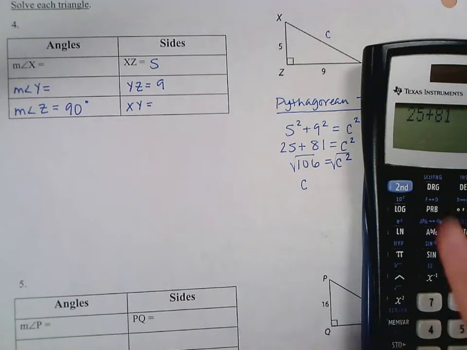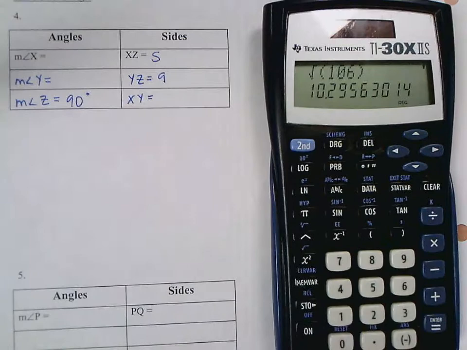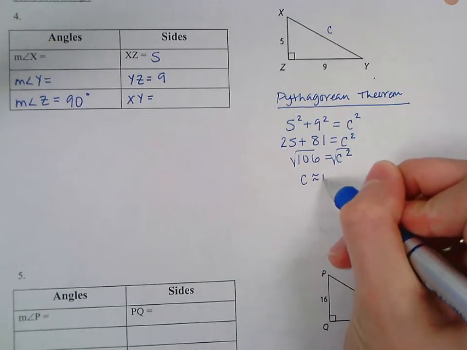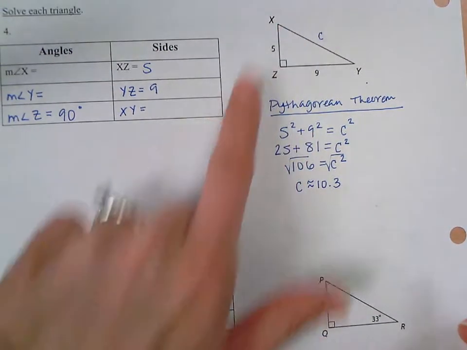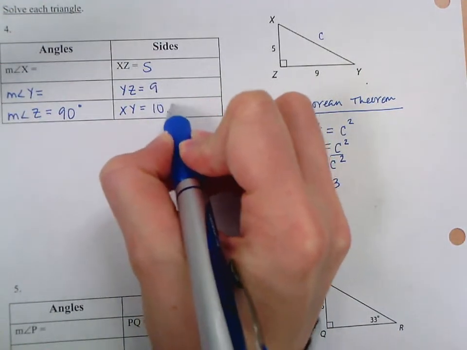So I'm going to type in the square root of 106. All right, so that side is approximately 10.3. Okay, and I labeled it C, that was side XY. So the missing side is approximately 10.3.